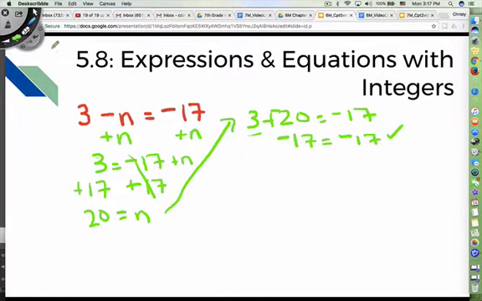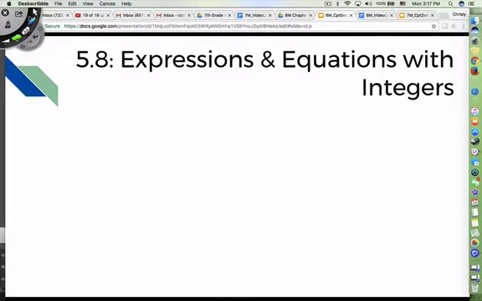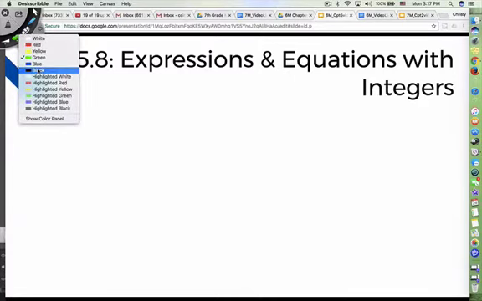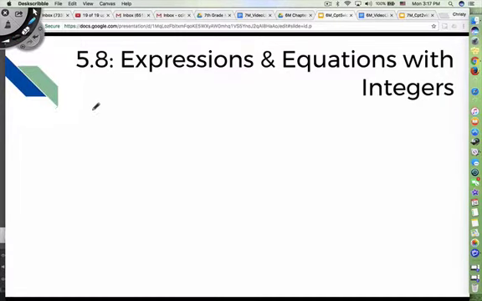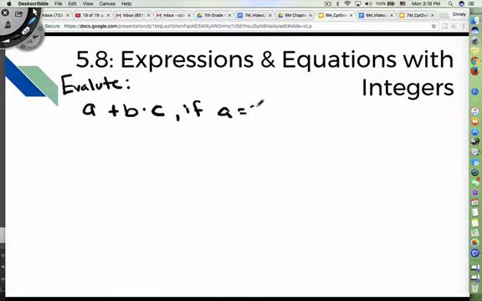Let's do something different. The instructions are going to say evaluate A plus B times C, if A is equal to 2, B is equal to negative 4, and C is equal to negative 7.